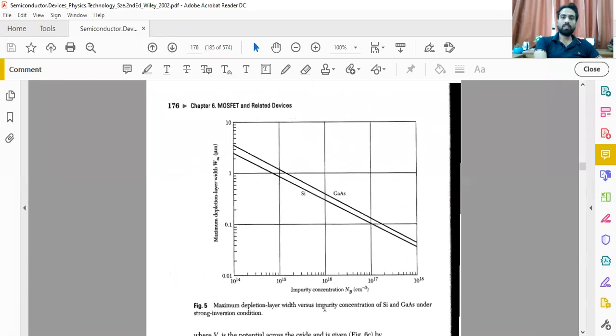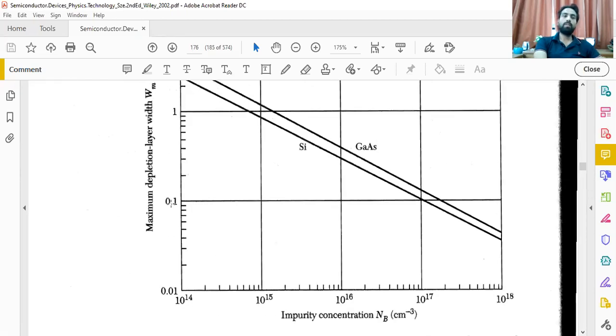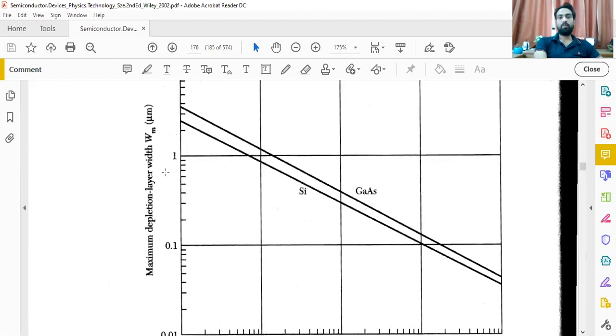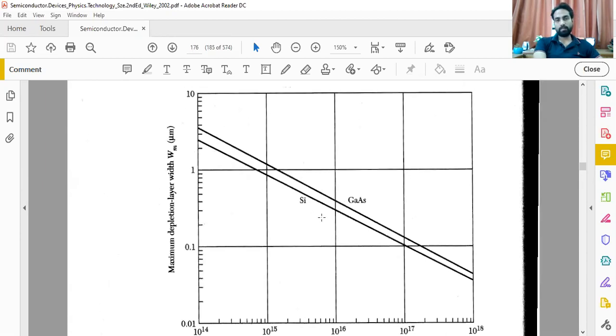If you see in this diagram, suppose you are taking a simple concept of impurity concentration on the x-axis, and on the y-axis we are taking the maximum depletion layer width, W. If we calculate this with respect to impurity concentration NB, we get such a graph.